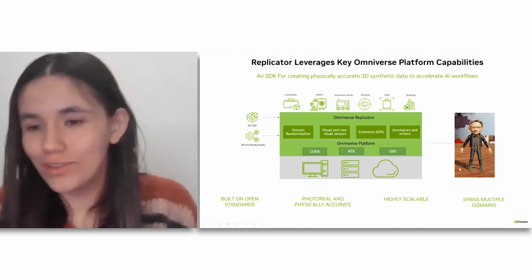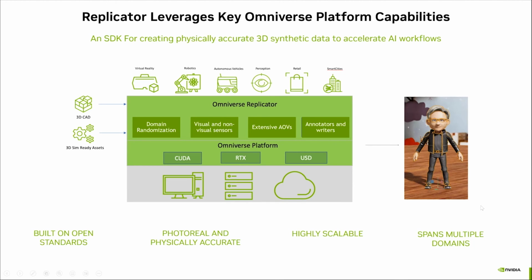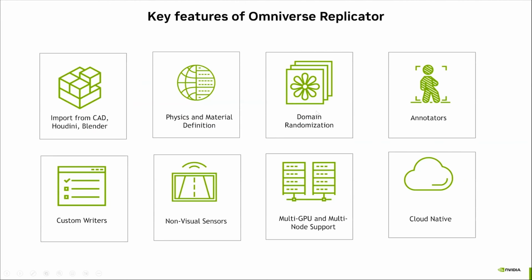And of course, toy detection is a key use case. Key features of Omniverse are the ability to import CAD, Houdini, Blender, physics material definitions, domain randomization, annotations, custom writers, which I'll touch on in a bit, non-visual sensors, multi-GPU and multi-node support, and cloud native.